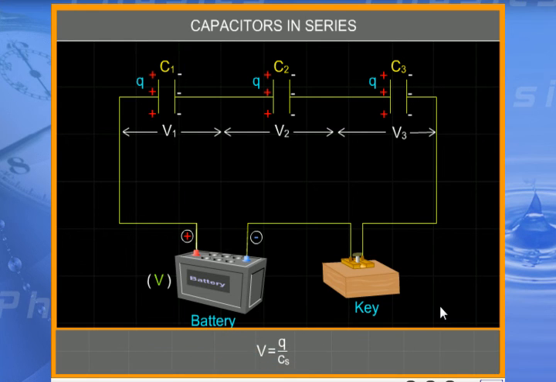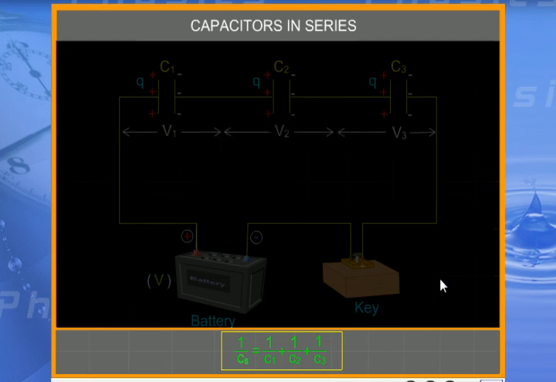Therefore, V is equal to Q by Cs. Q by Cs is equal to Q by C1 plus Q by C2 plus Q by C3. Cancelling out the common term Q, we get 1 by Cs is equal to 1 by C1 plus 1 by C2 plus 1 by C3.